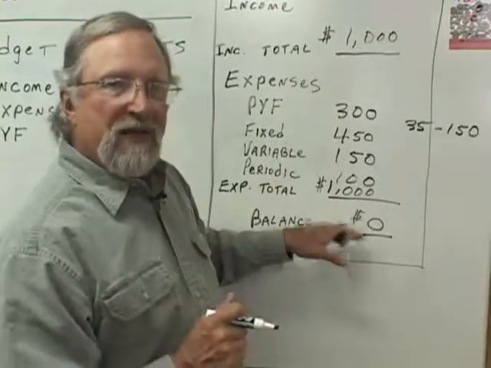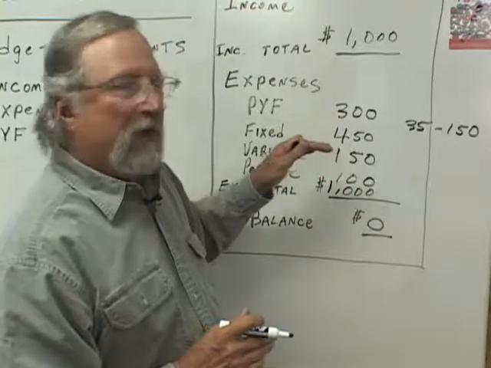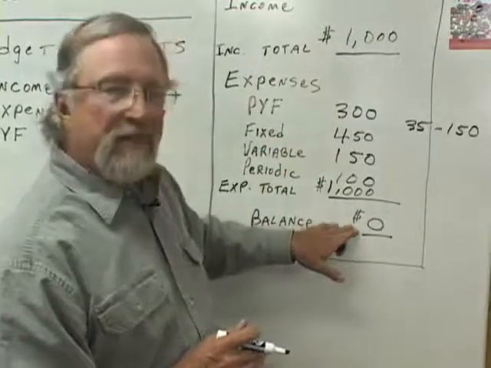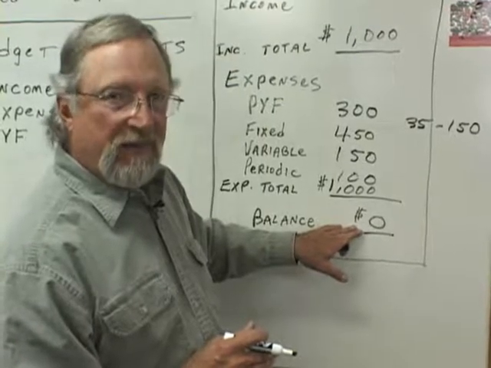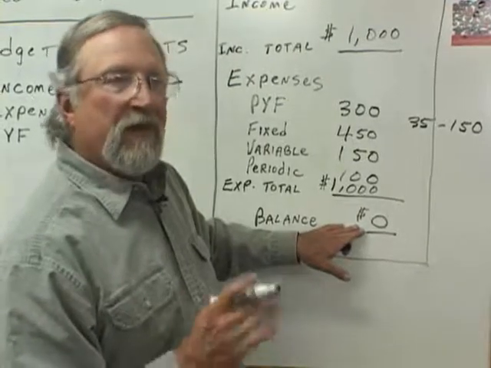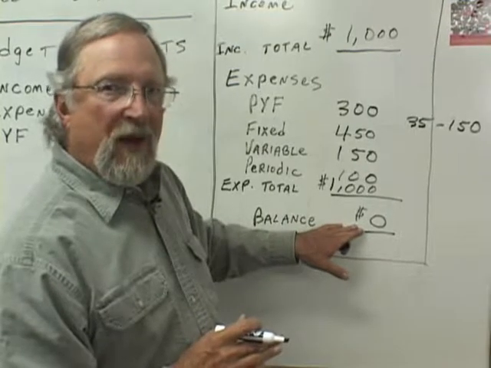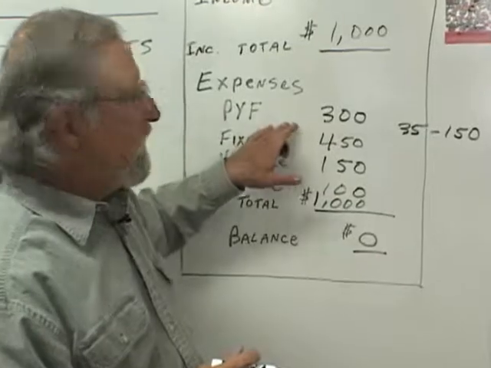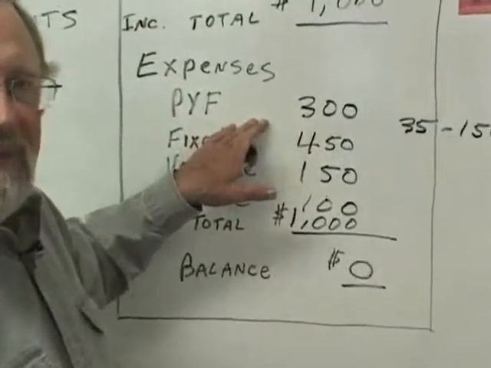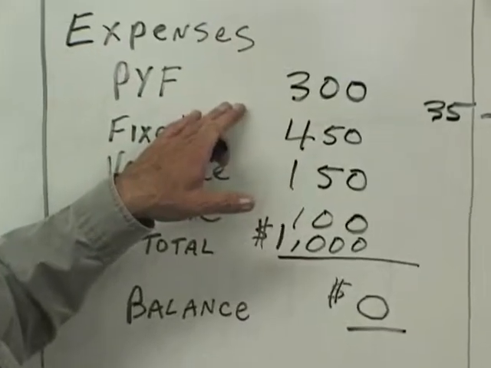If your budget comes out so that you have a surplus and the balance down here is a positive number, that means your income exceeds your expenses. That's good. If that happens, you can increase the amount of money that you pay yourself first. If you do that, you'll bring your budget back into a balance of zero.